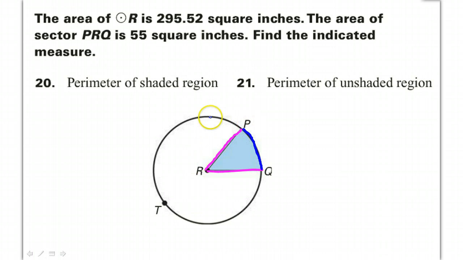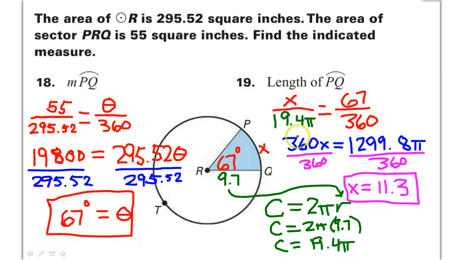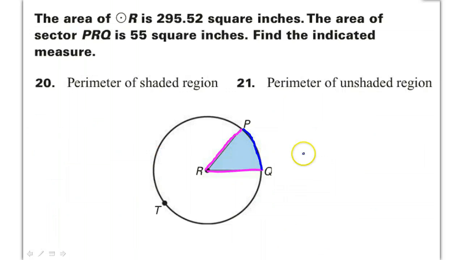Now, luckily on previous problems, we found all 3 of those things. Let's start with this one because I already have the right color ready. This is the length of arc PQ. That was what we just found on problem number 19. That was 11.3. Okay, so right here, 11.3.